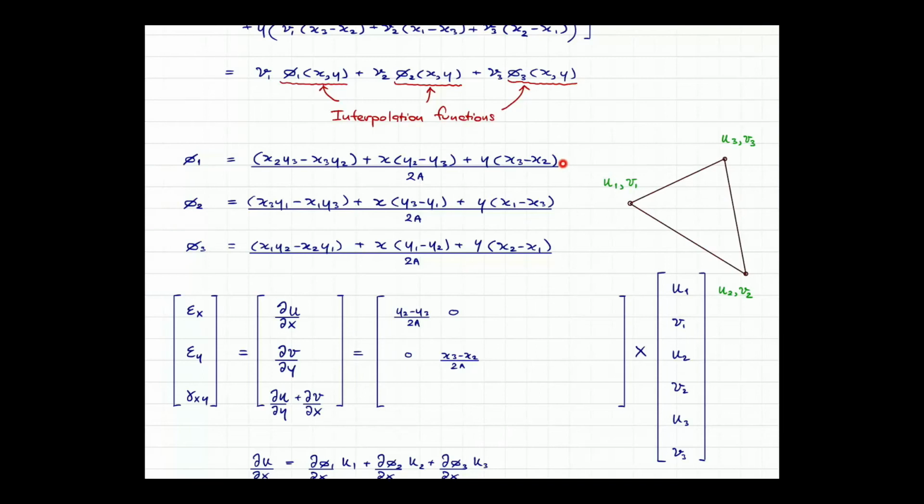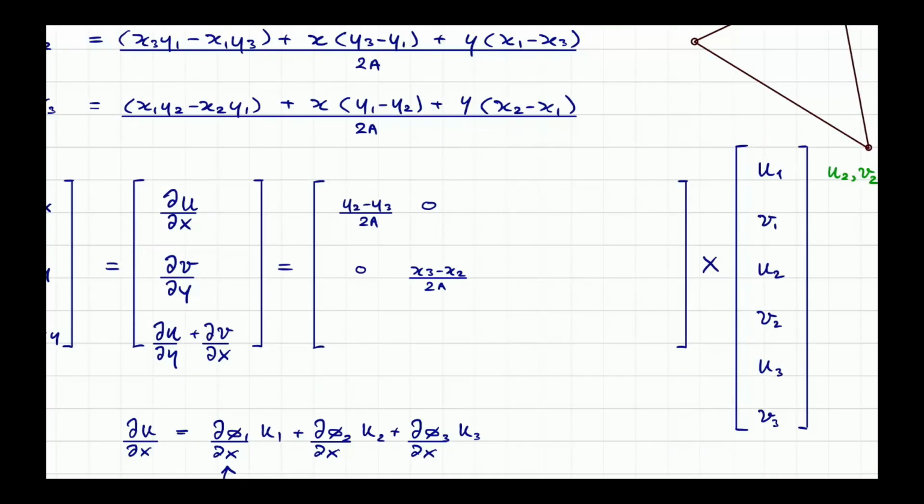This part here, constant, will not survive because we take the derivative. So we can look at just these 2 columns. Last one, x3 minus x2 divided by 2a, and another one, y2 minus y3 over 2a. That's it.